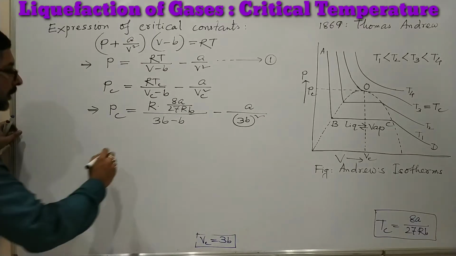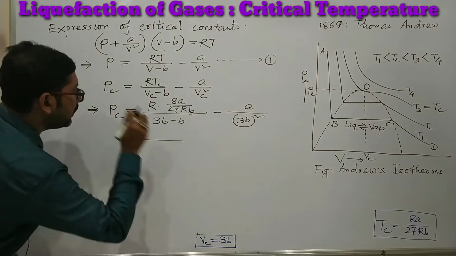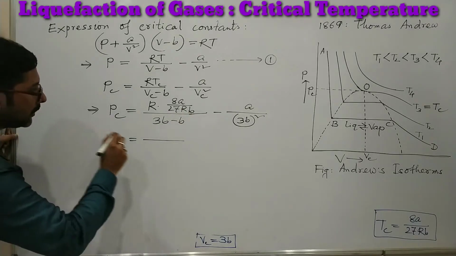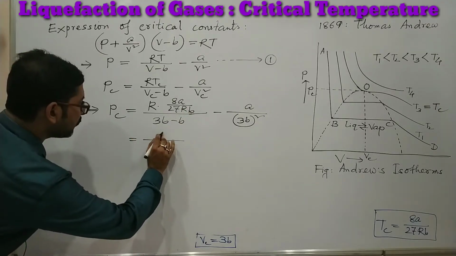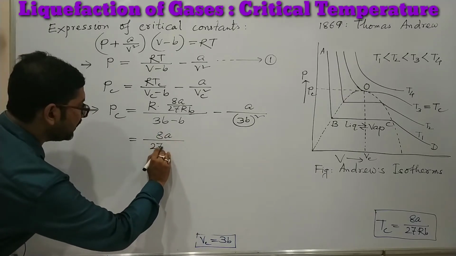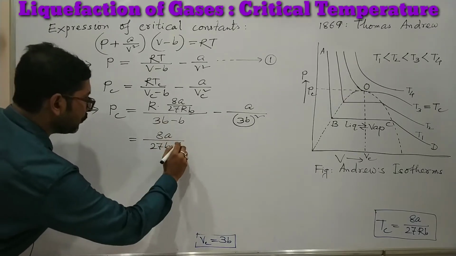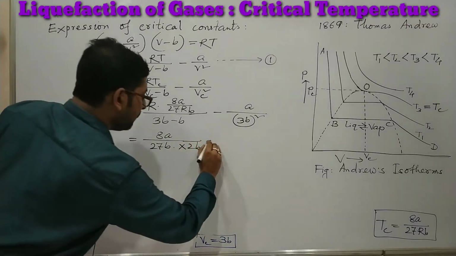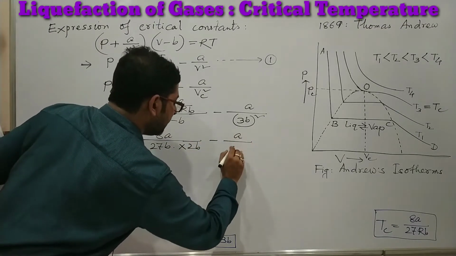Next, R is cancelled out from here. So here is 2B. So 8A by 27B into 2B here, minus A by 9B square.